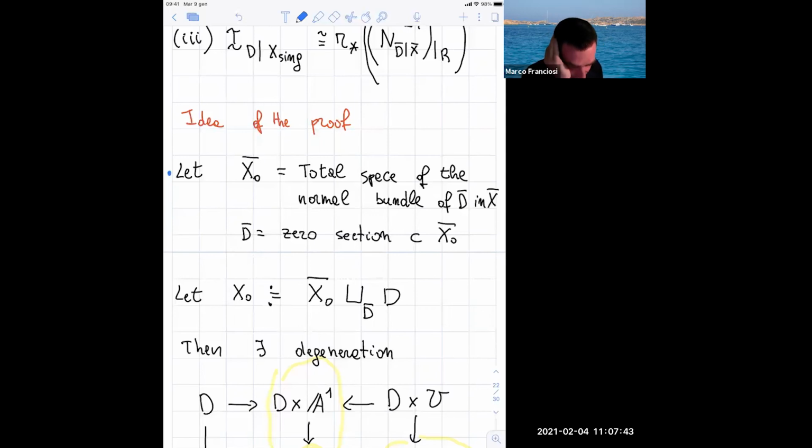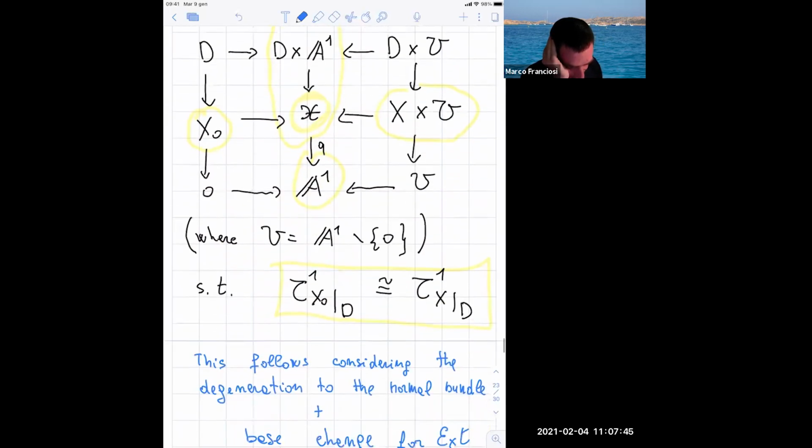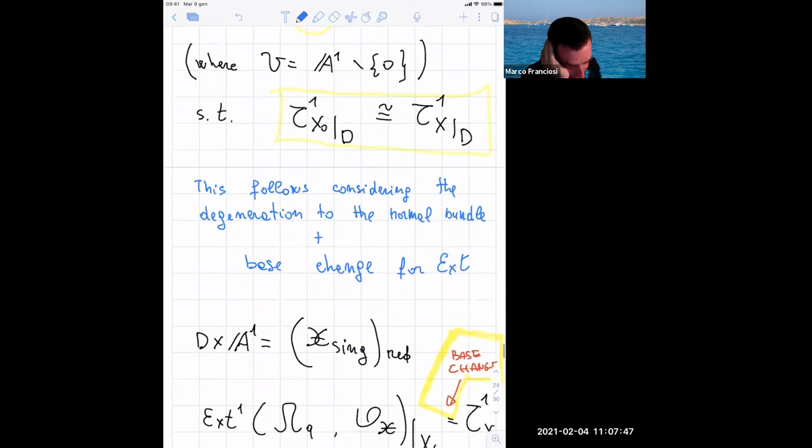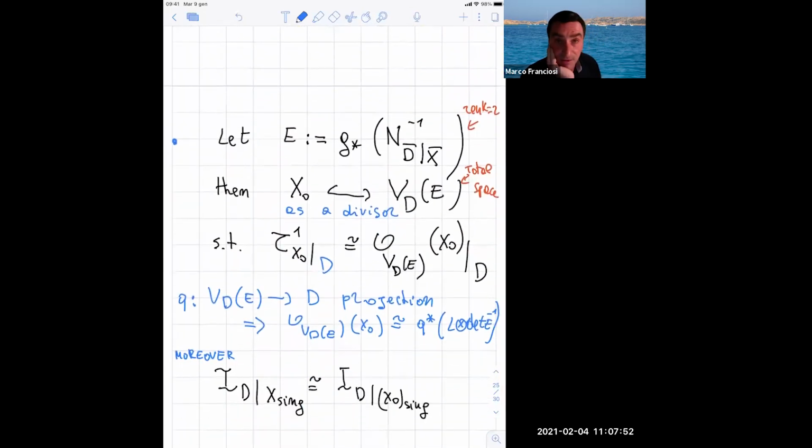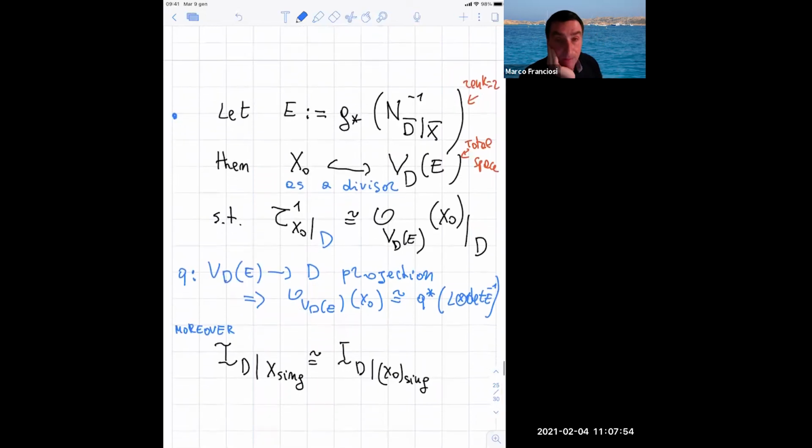The main ingredients are this degeneration to the normal cone, and the second ingredient is the computation of the normal bundle in this way. Those are the two main ingredients for the proof, but they are quite technical. So I don't know. Sorry.